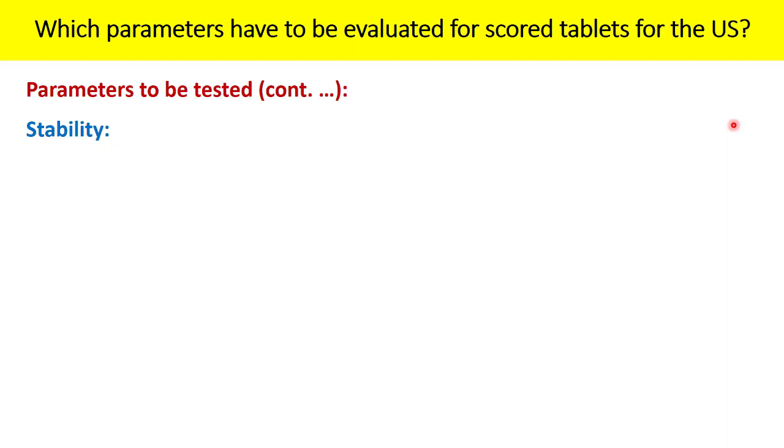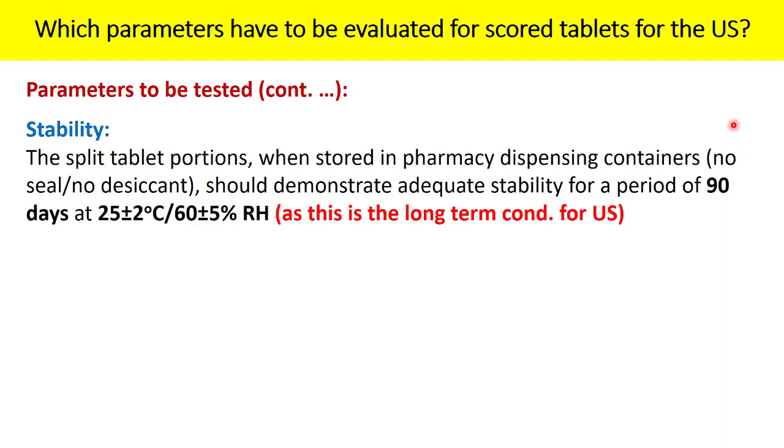and hence the tablet's container closure system will get lost, right? And it may be in direct contact with the atmosphere. For that reason, the US FDA recommends that the split tablet portion, when stored in pharmacy dispensing containers without seal, without desiccant, should demonstrate adequate stability for a period of 90 days at 25/60 condition.